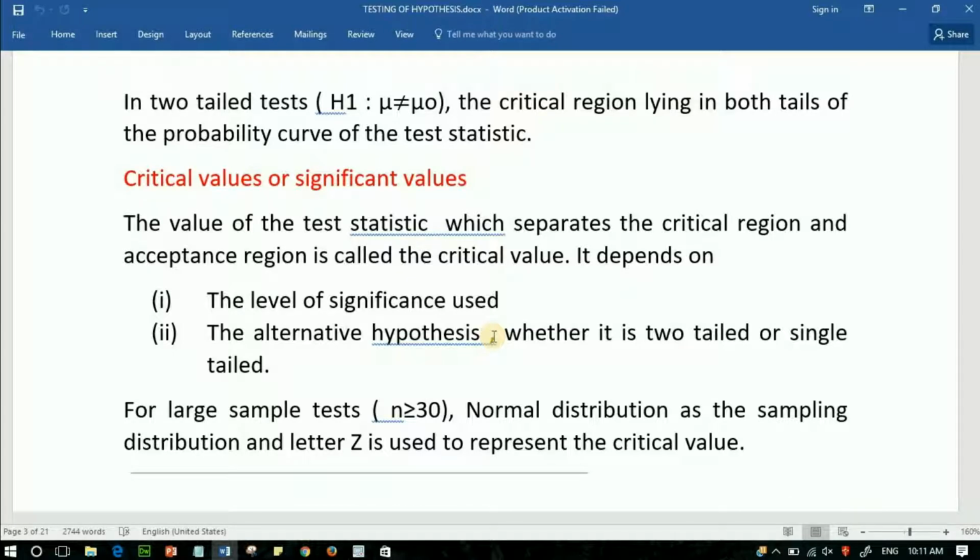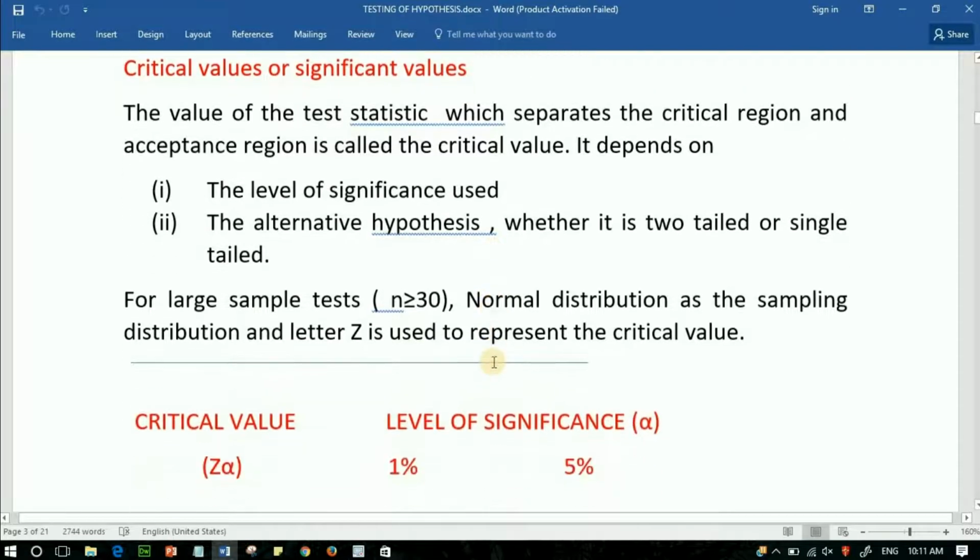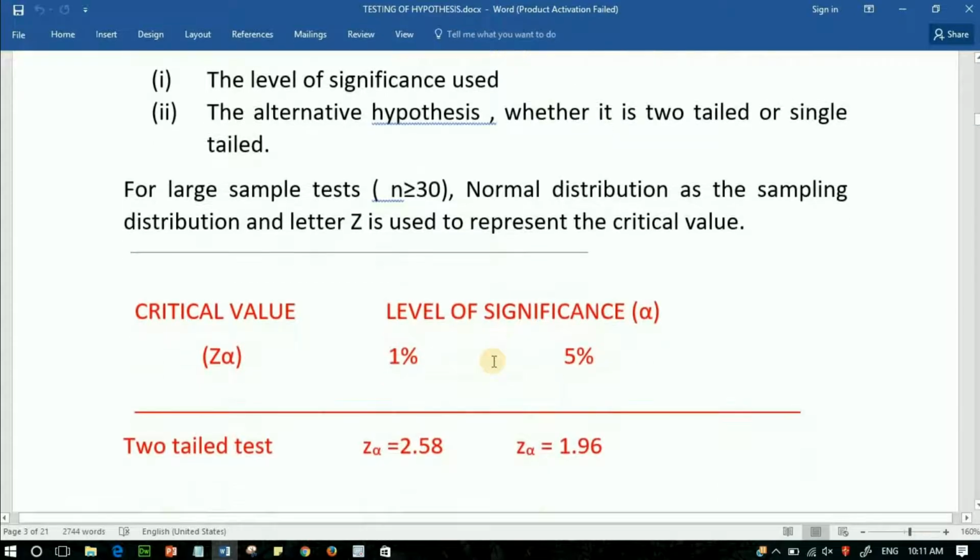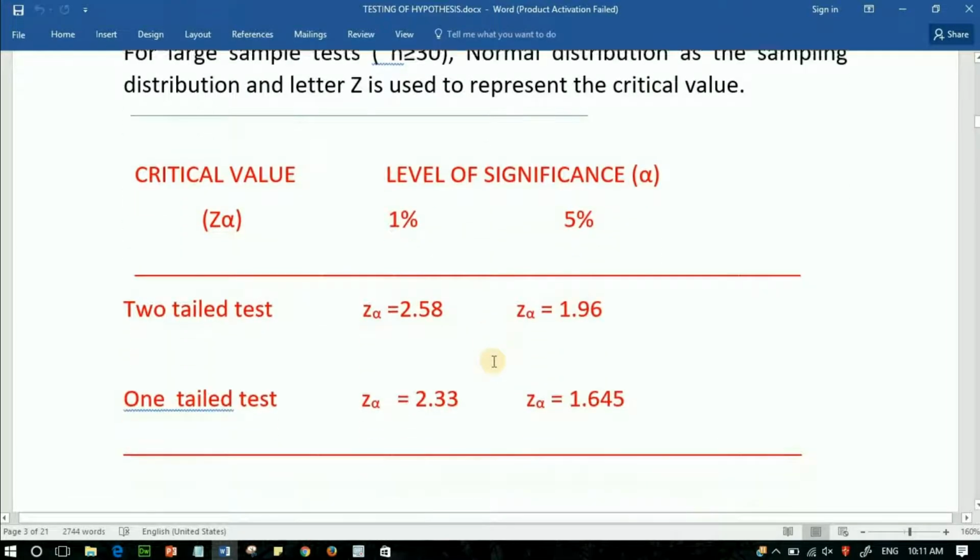For large sample tests, that means the sample size is 30 or more, the normal distribution of the sampling distribution, and the letter Z is used to represent the critical value. In doing the problem, we have to check whether the sample size is greater than or equal to 30 or less than 30. If the sample size is greater than 30, we always use these values for 1% and 5%.